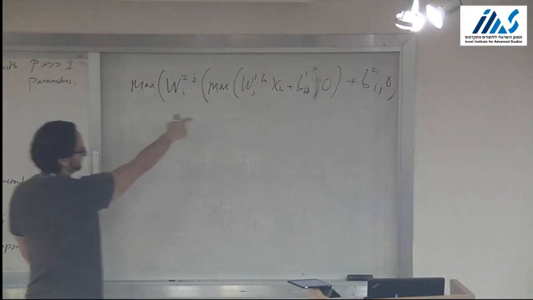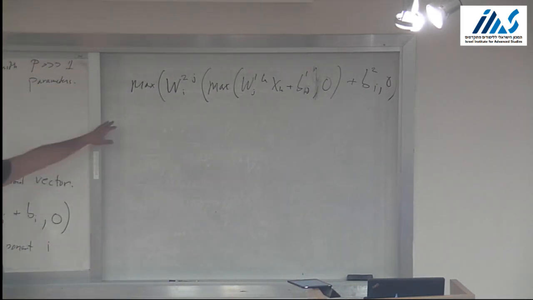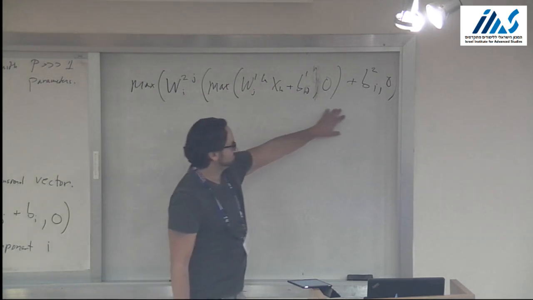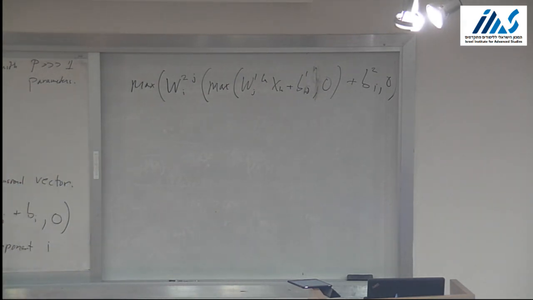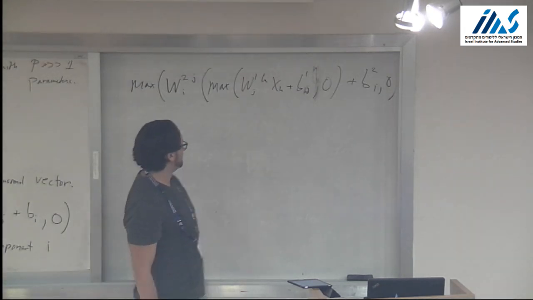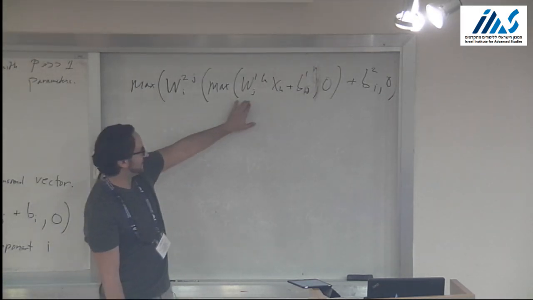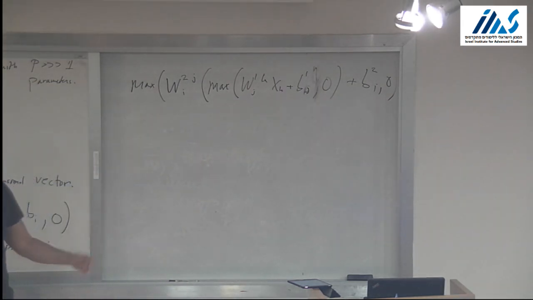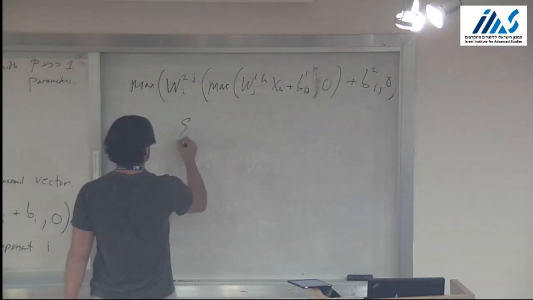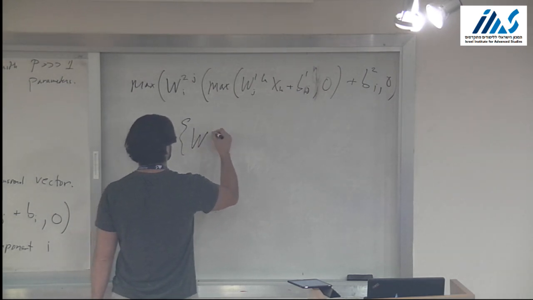So this function that I just wrote here is a 2-layer neural network. This would be a layer, and this is 2 layers because I composed 2 of them. Now notice W2 does not equal W1, B1 does not equal B2. They're different parameters.